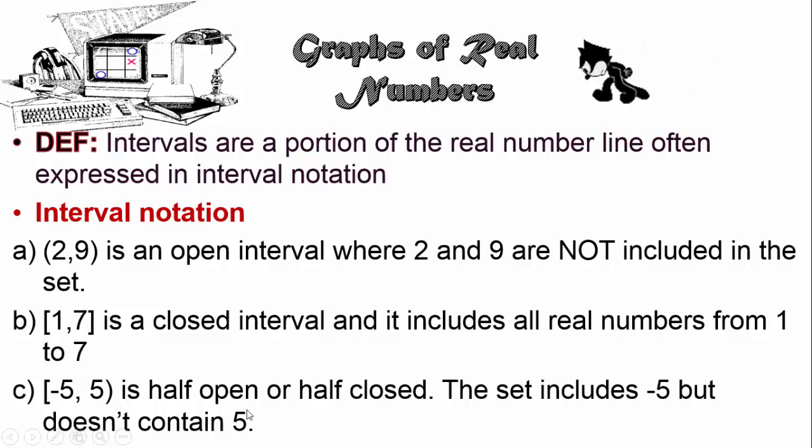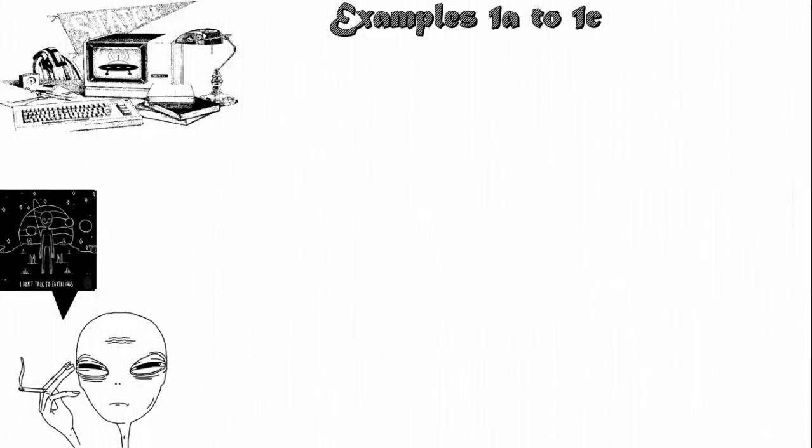This is called a half open or half closed interval. The set includes -5, the one where the square bracket is closest to, but doesn't contain 5, the one where the round bracket is closest to. Now let's graph some intervals.